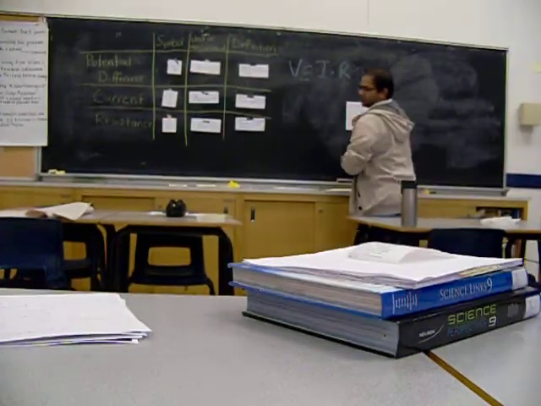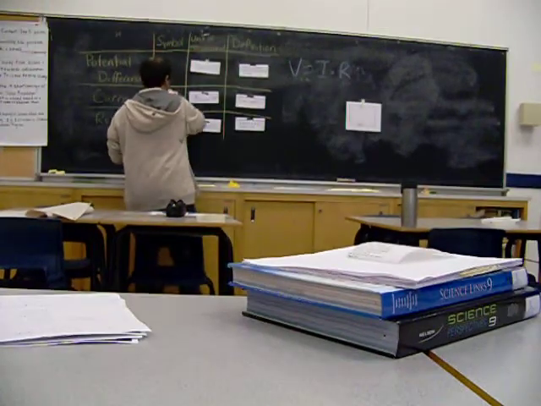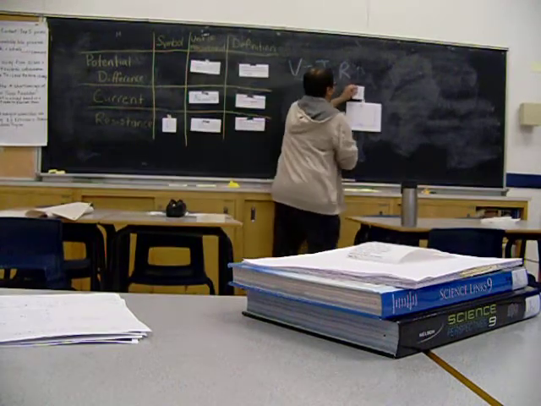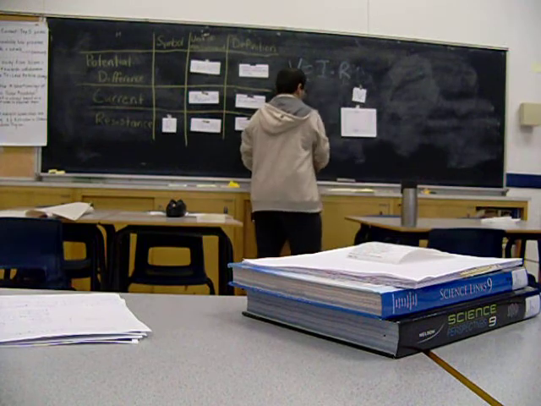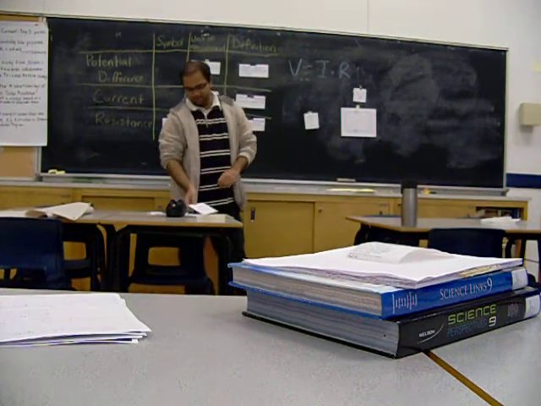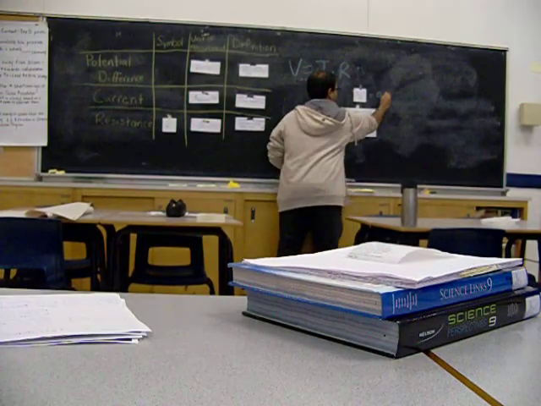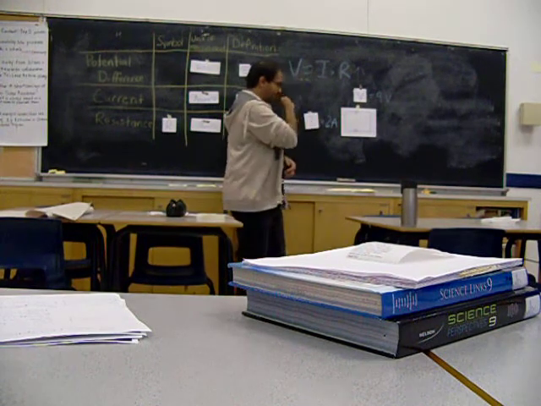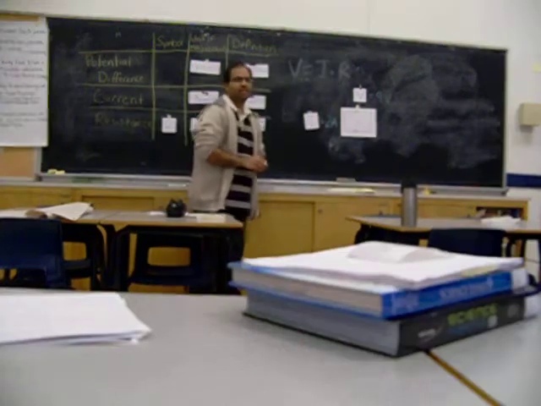And let's assume for this circuit that we know that the battery has a voltage and we know the current in the circuit. So let's say it's a 9-volt battery and the current is 2 amperes, right? What would the resistance of this load be?